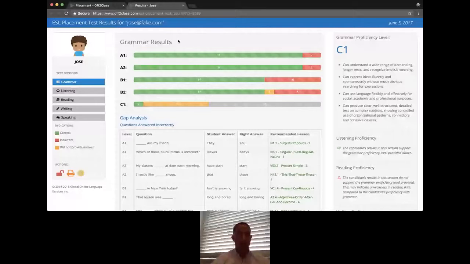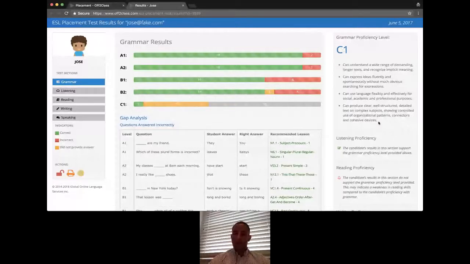So up here, I've got his grammar proficiency level. And this is based on the Council of Europe's rubric, the CEFR. So we provide a matrix that compares what the CEFR represents and what that level represents in other world standards. But it's quite simple. So roughly a C1 equates to an upper intermediate.